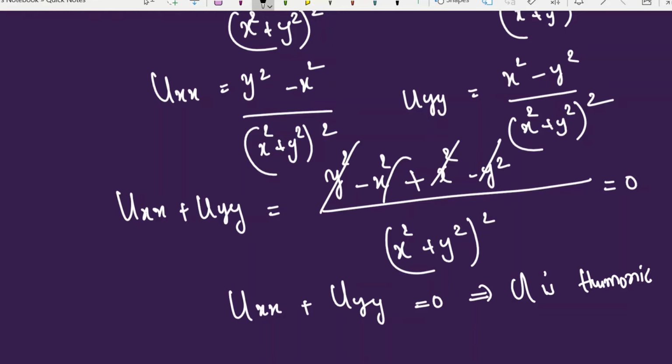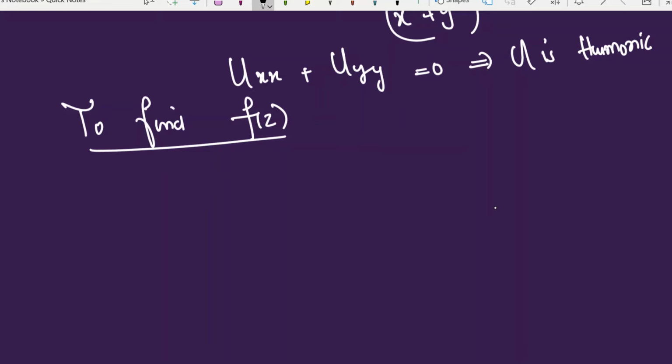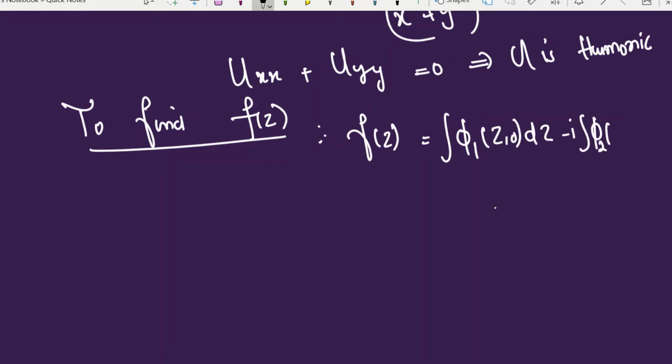u is harmonic. Next we have to calculate the analytic function f of z. In step 2 I am going to find f of z. So what is the value of f of z? f of z equals the integral of phi 1 of z comma 0 dz minus i times the integral of phi 2 of z comma 0 dz.